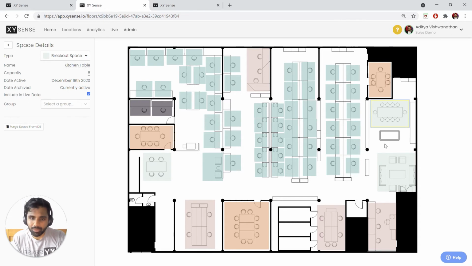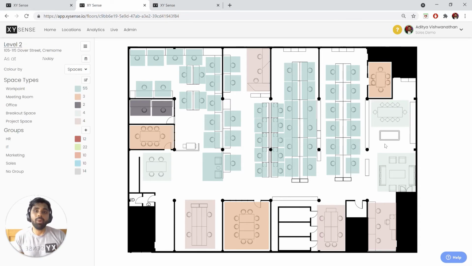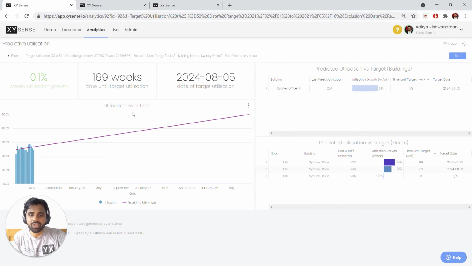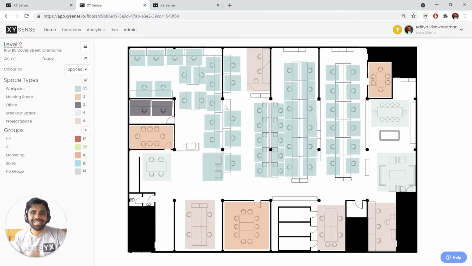Now, we also boast the most comprehensive analytics on the market, being able to derive not only high-level insights, such as the one you saw in predictive utilization, but also how individual spaces and space types are being utilized within each office space.